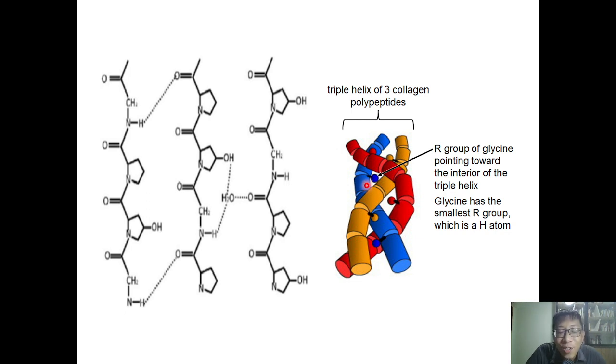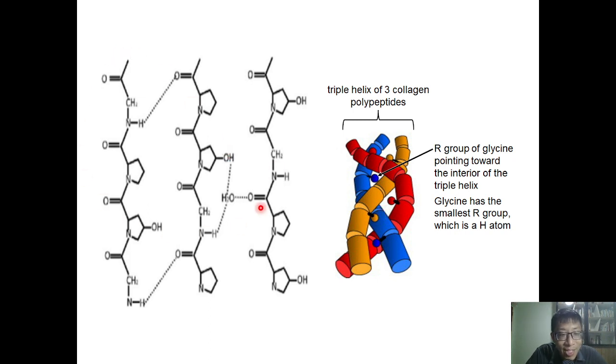Then the 3 polypeptides will be pushed further apart and cannot twist so close together. So that's the reason why glycine is so commonly found in collagen, and it is always found in the interior of the triple helix.